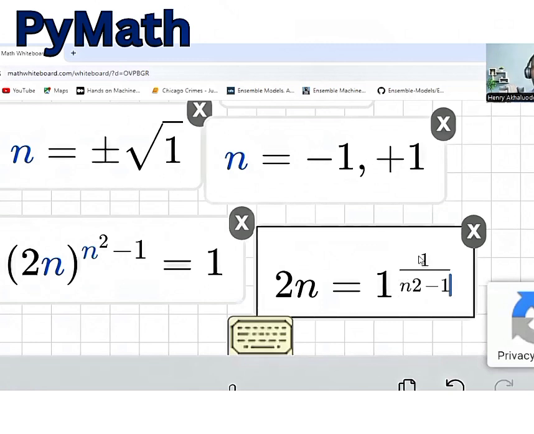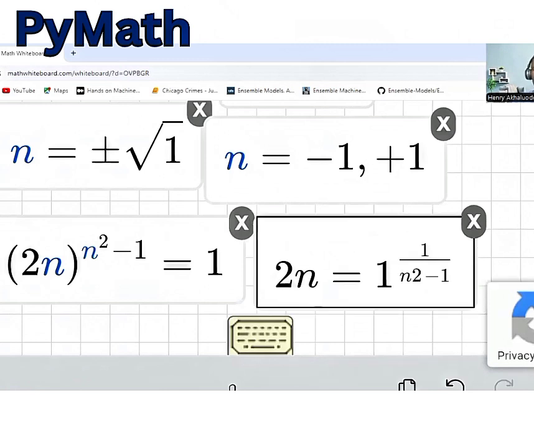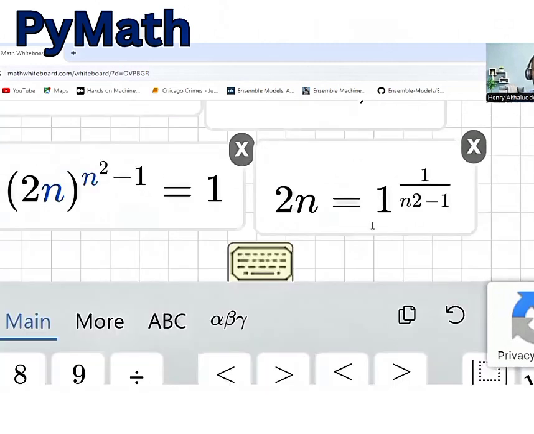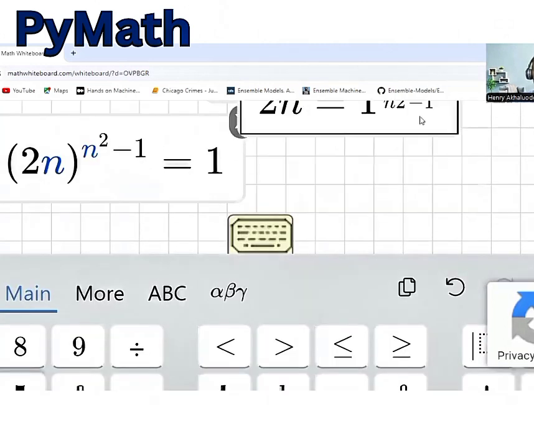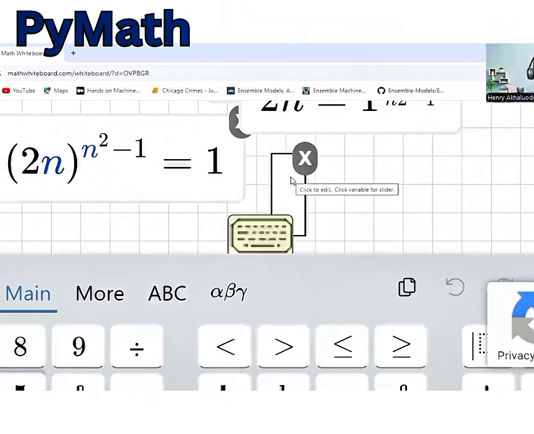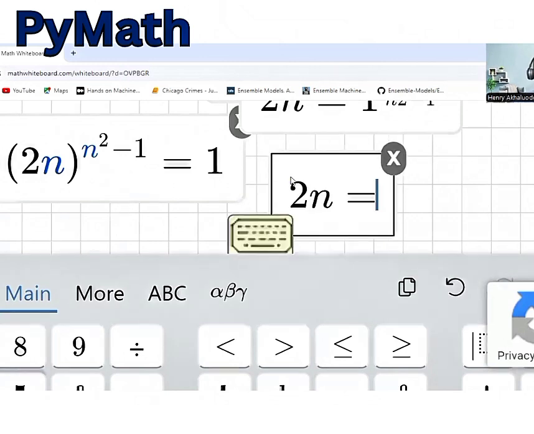Now, if you have 1 to the power of any number, it returns 1. So eventually this becomes 2n equals 1. So what we have here becomes 2n equals 1.